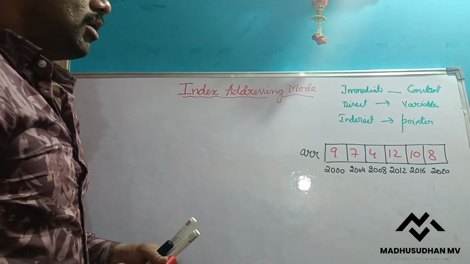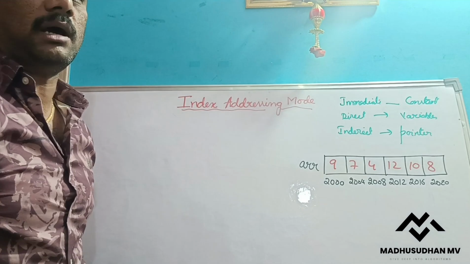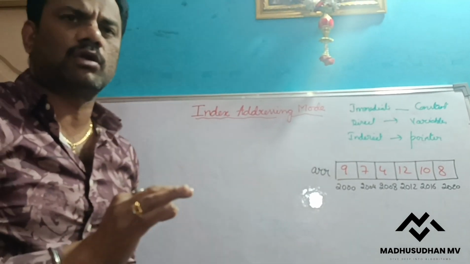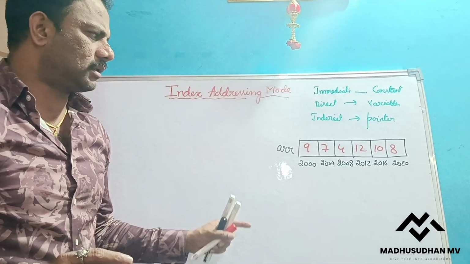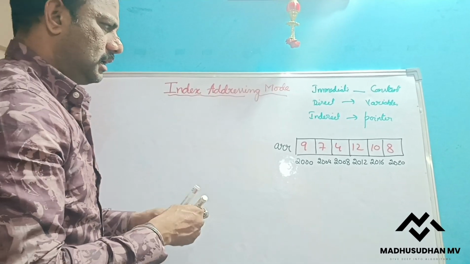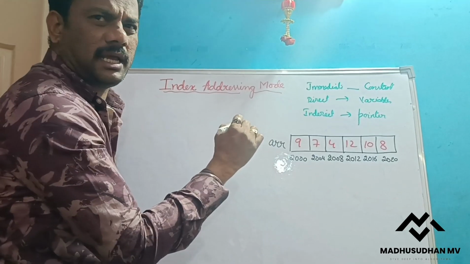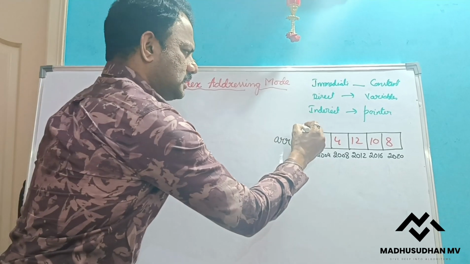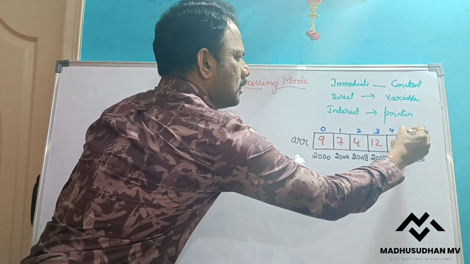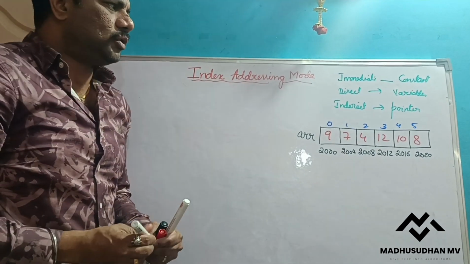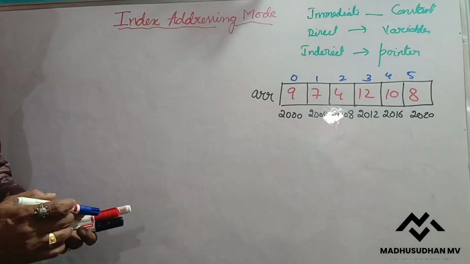In order to access the array elements, we have to use the concept of index. Generally the index starts with 0; these are the index positions.